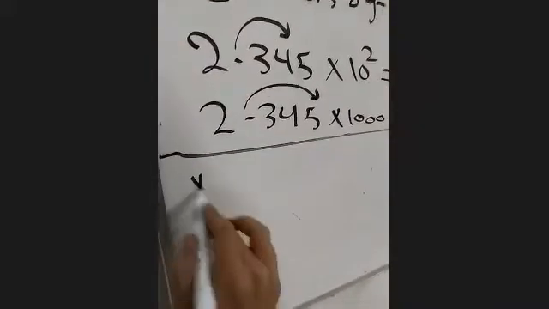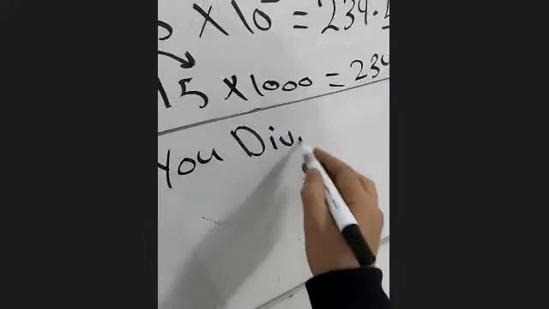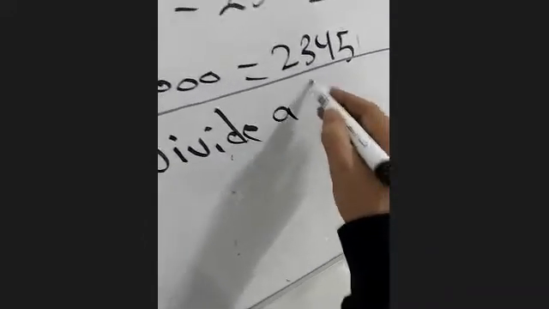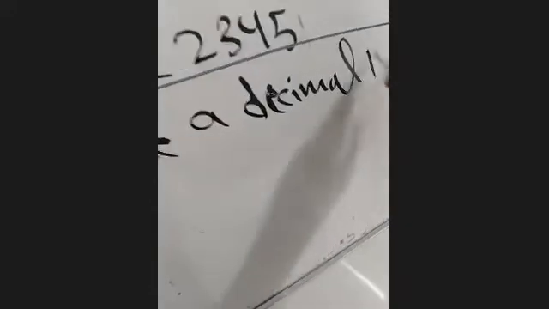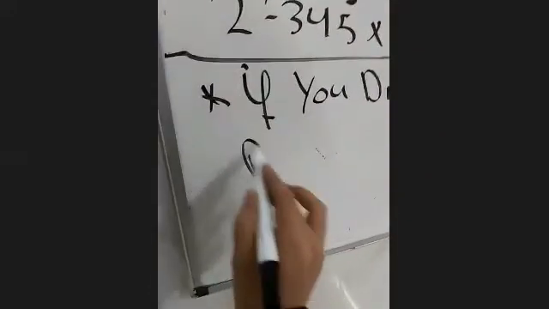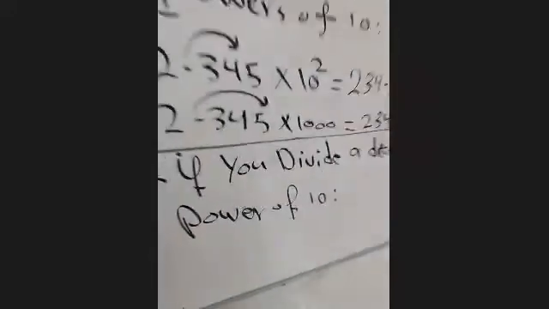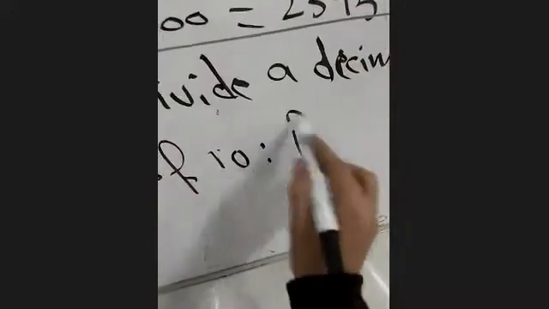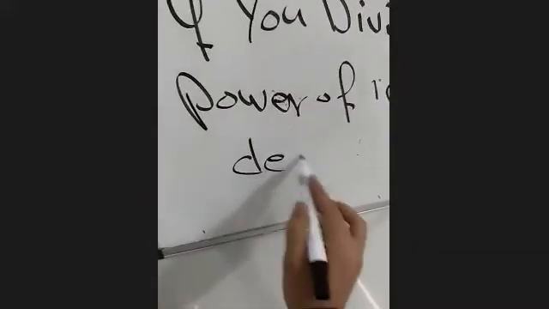But if you divide a decimal by a power of 10, what you will do, guys, is push the decimal to the left, not to the right, to the left.